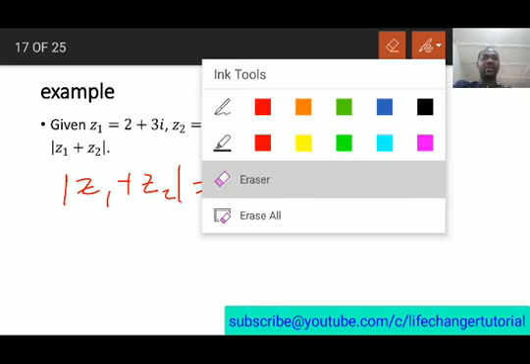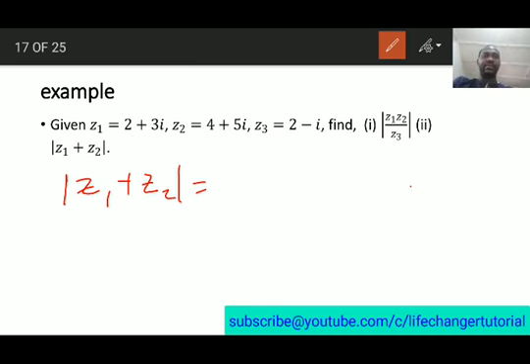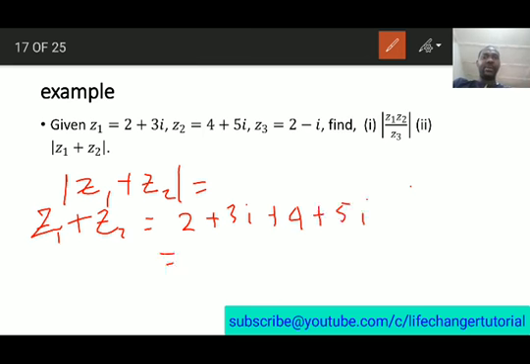We can find z1 plus z2 first of all. z1 plus z2 is 2 plus 3i plus 4 plus 5i. If you add the real parts and the imaginary parts, 2 plus 4 gives us 6, and 3i plus 5i gives us 8i.